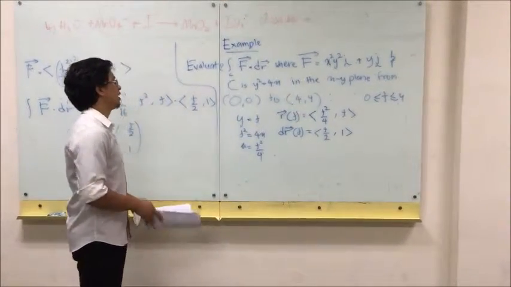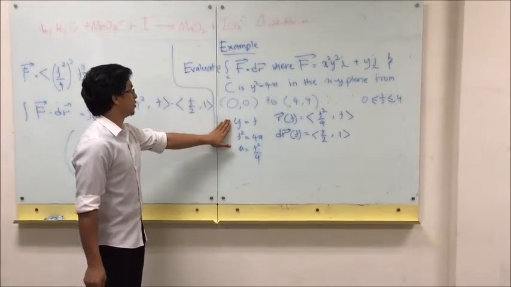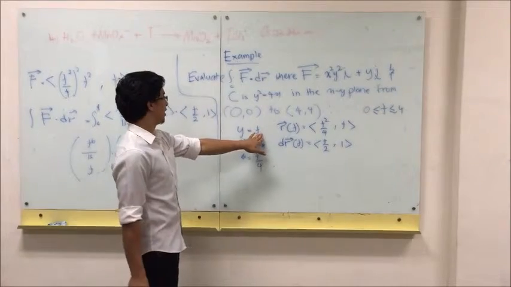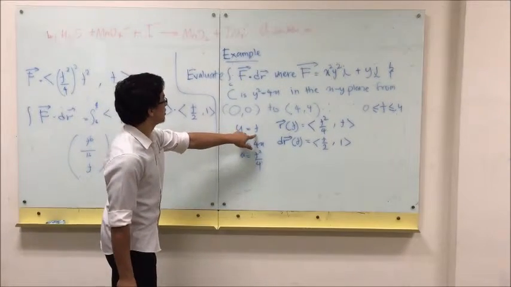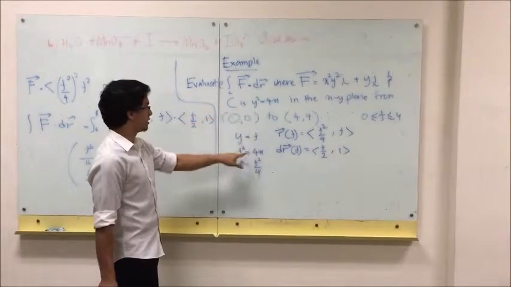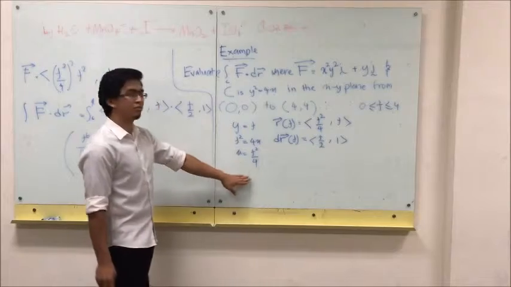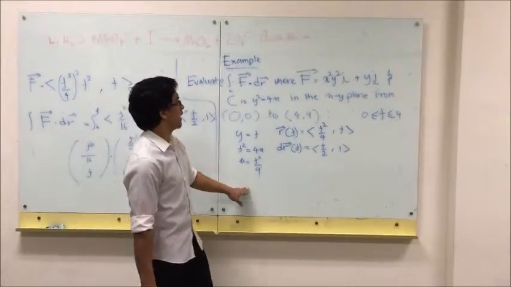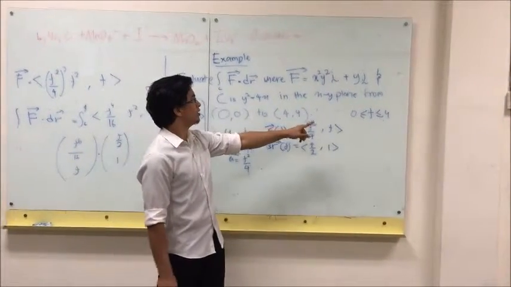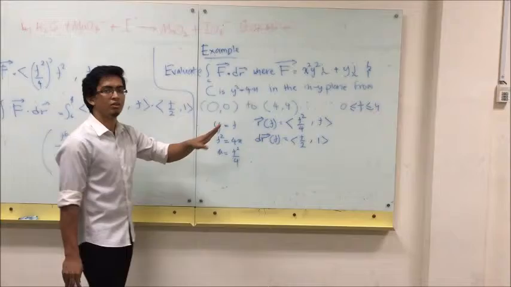First we change y in terms of t. So y equals t. Then we substitute t into y squared, so t squared equals 4x. So x equals t squared over 4. And for the limit, t is more than 0 and 4 is bigger than t.